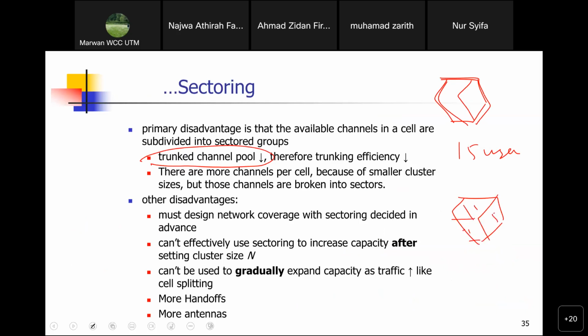We know that having a smaller number of users will give you smaller trunking efficiency. Okay, you need to start with a huge number of users. Okay, so these are just the advantages.